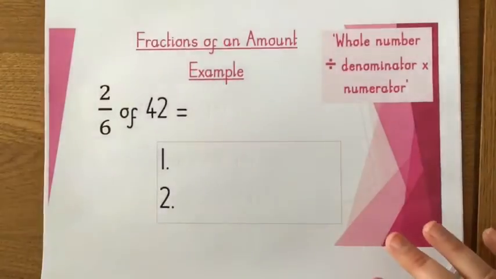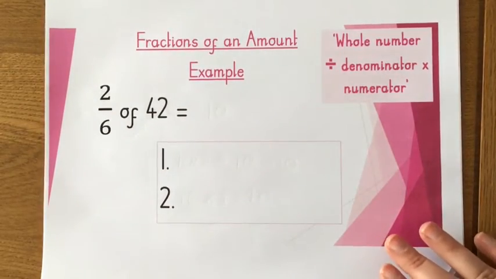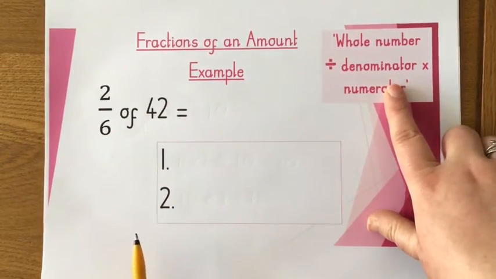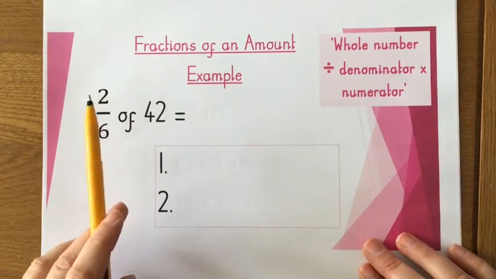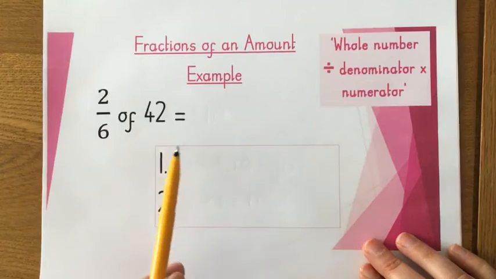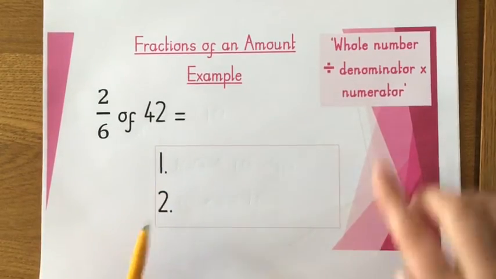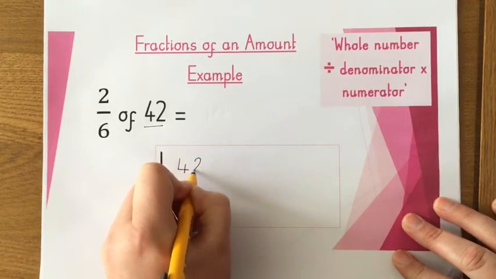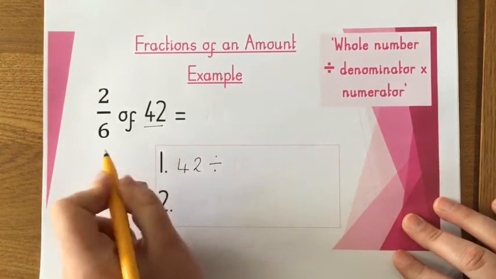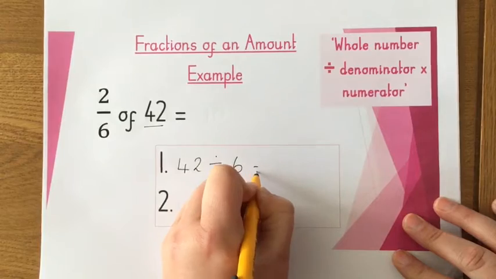Right, let's have a look at some non-unit fractions now. So it's the same set of rules this time. You will see my numerator isn't 1 this time. Here I've got 2/6 of 42. So my whole number, which is 42, divided by the denominator, which is 6.